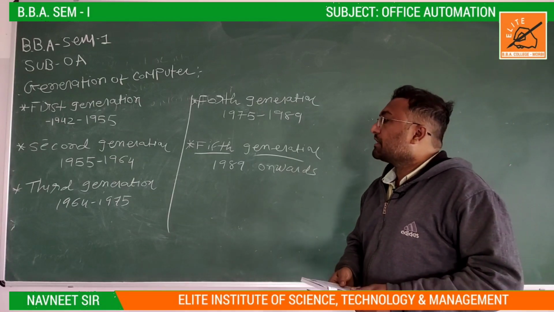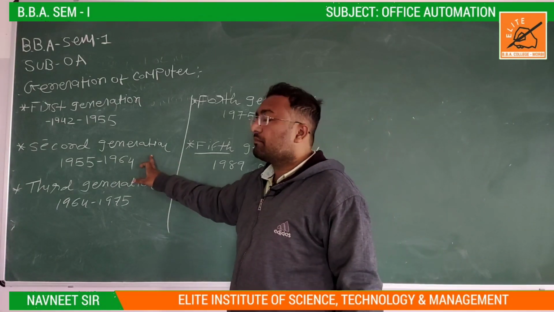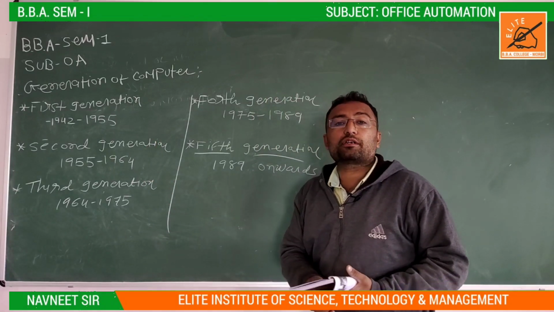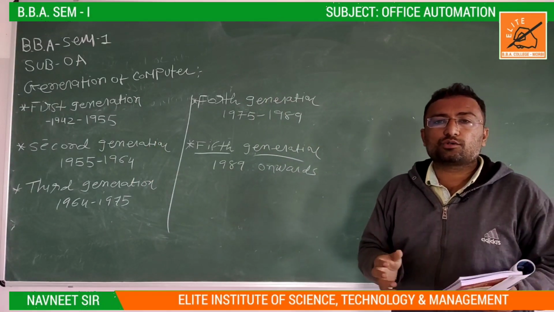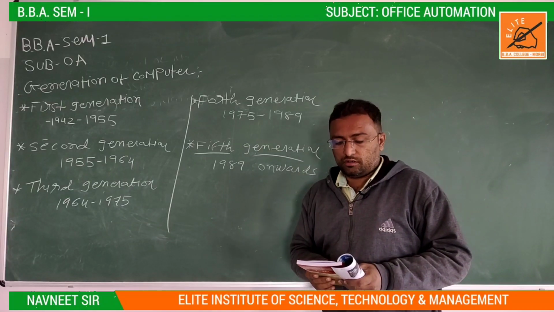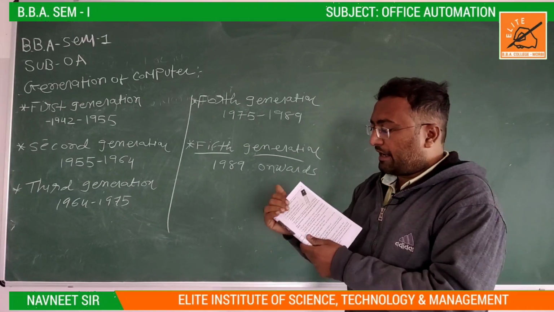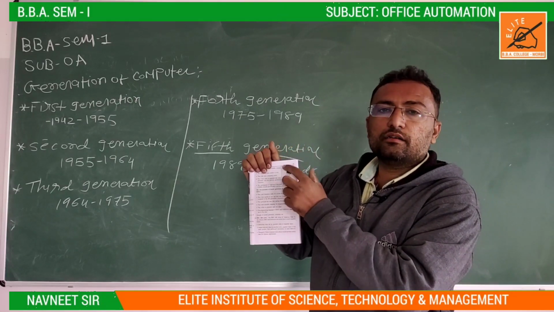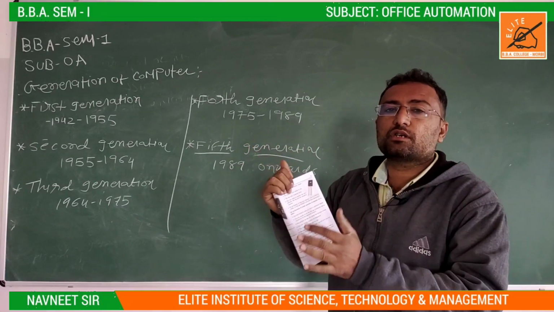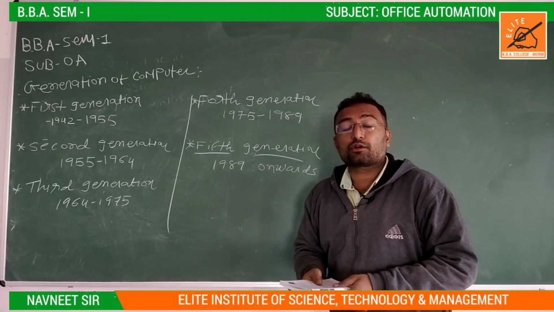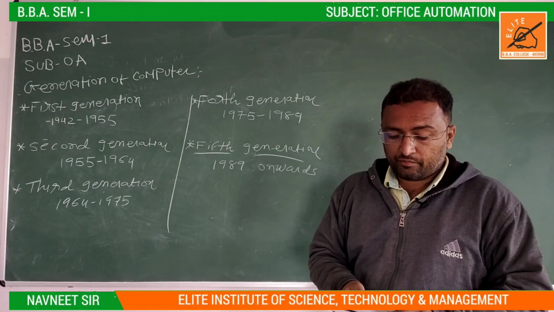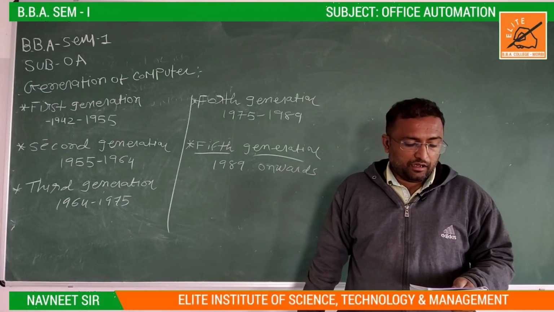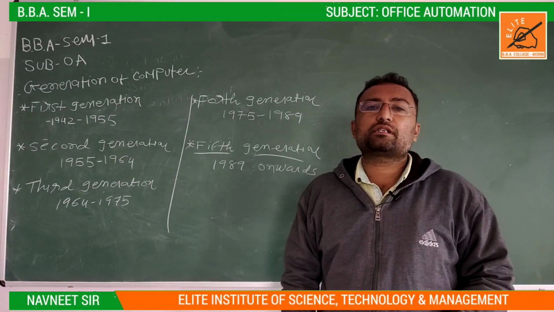It used transistors in place of vacuum tubes. So the computer size was reduced and became smaller. This is how a transistor looks. The computer was smaller in size, had more computing power, was easy to maintain and more affordable than the previous generation.